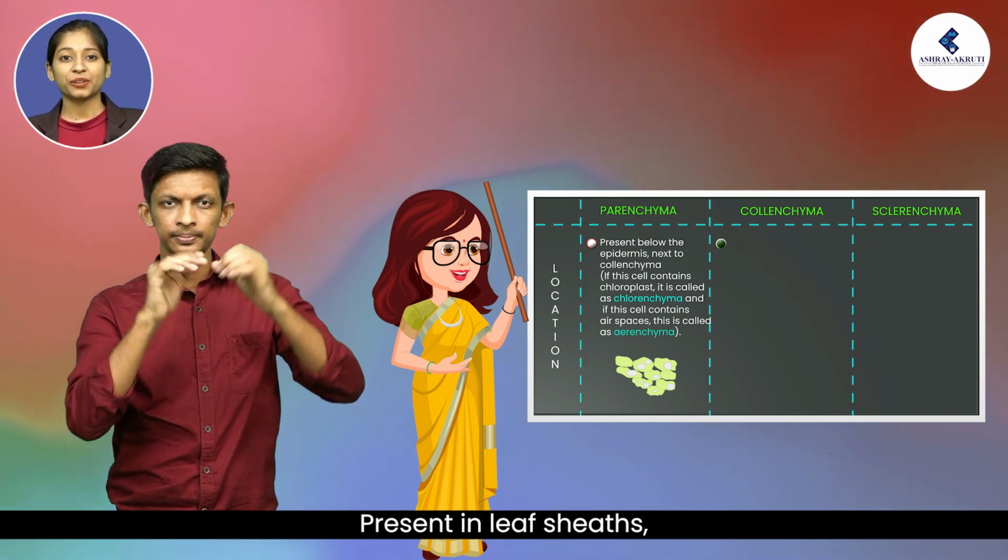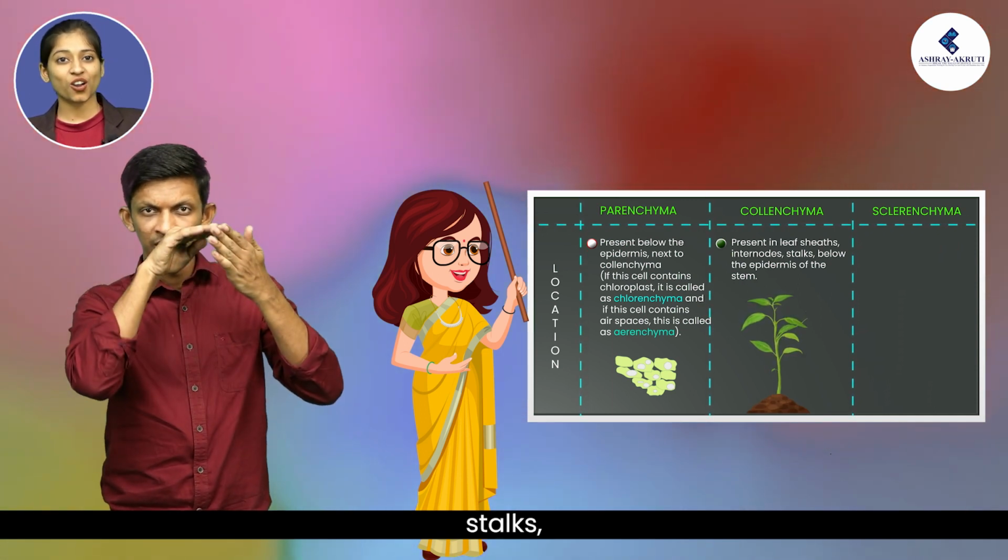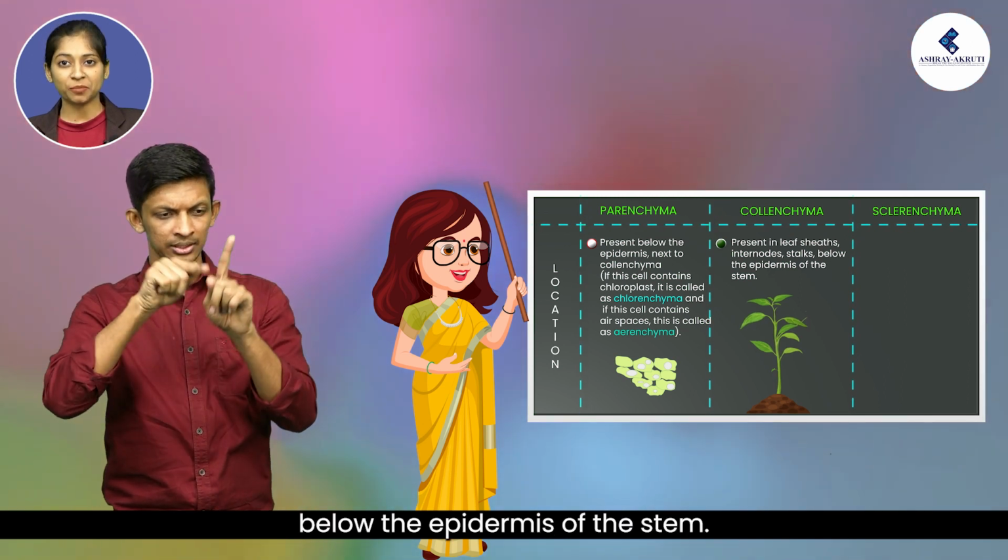Collenchyma is present in leaf sheaths, internodes, stalks, below the epidermis of the stem.